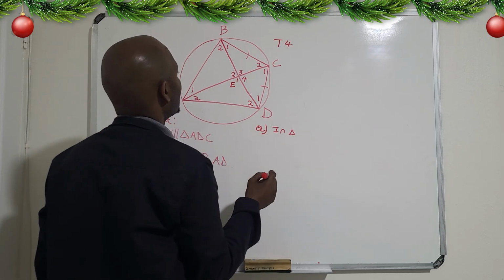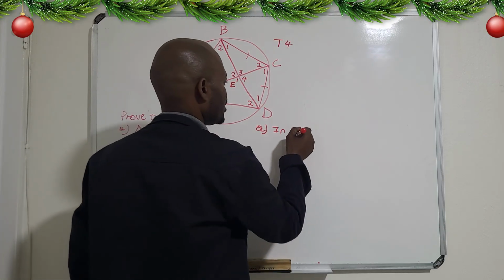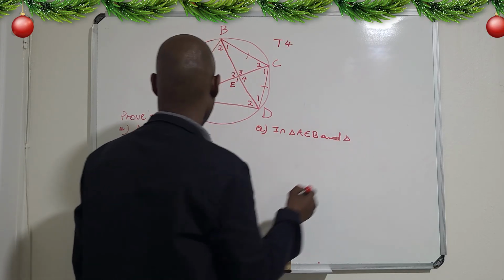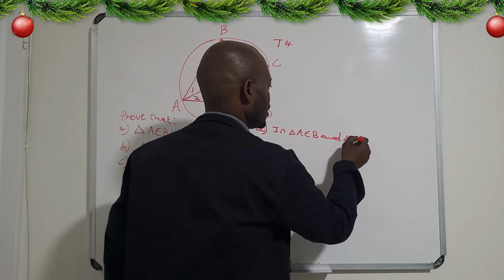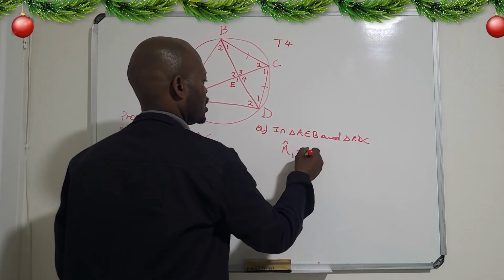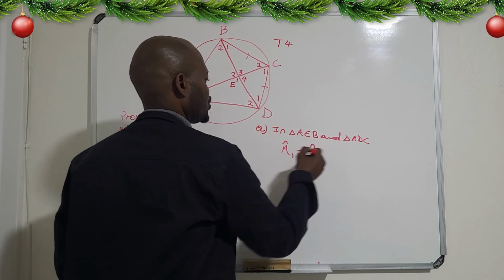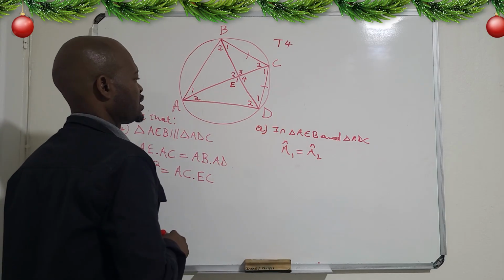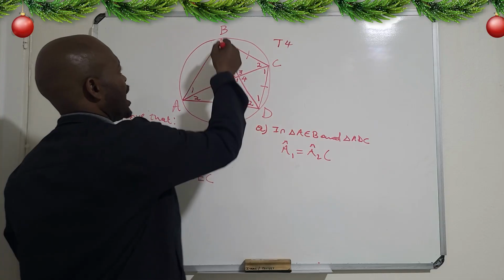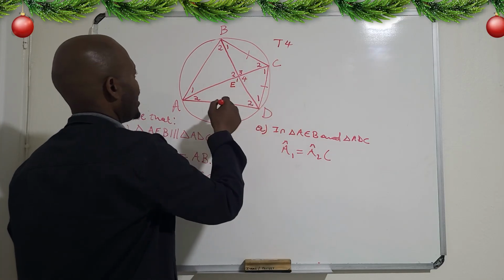For us to do that, we start. In triangle AEB and triangle ADC, angle A1 is equal to angle A2. Why is that? It is because these angles are subtended by equal lengths.